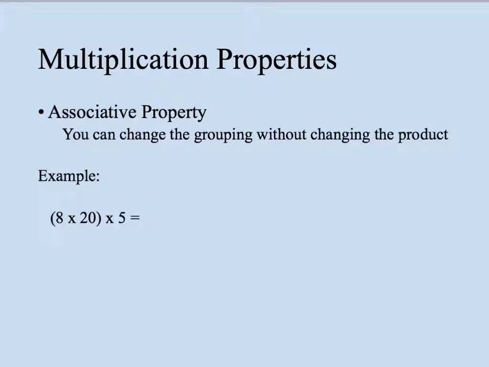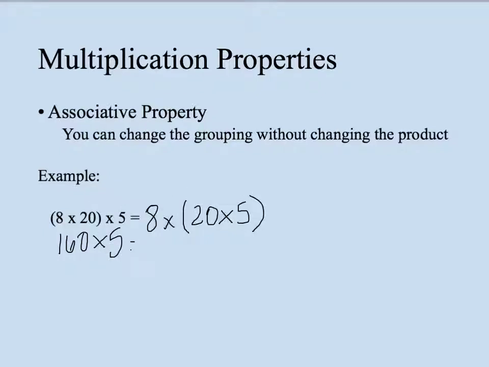So I can also group this multiplication problem. I can group the factors instead of the 8 and the 20 multiplying first. I'm going to multiply the 20 times 5 first. What you'll notice is that you're going to get a different partial product in each of the problems, but that your final product is going to be the same.